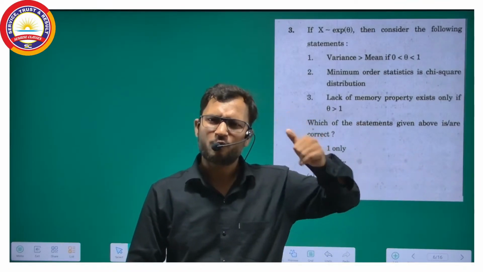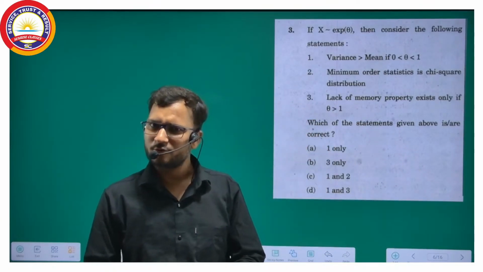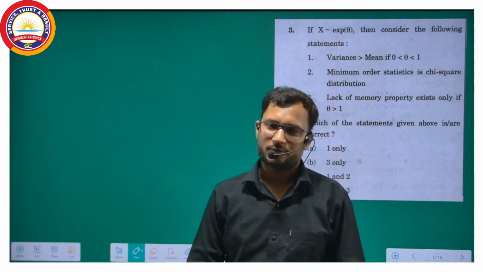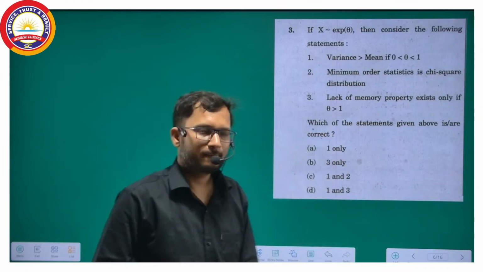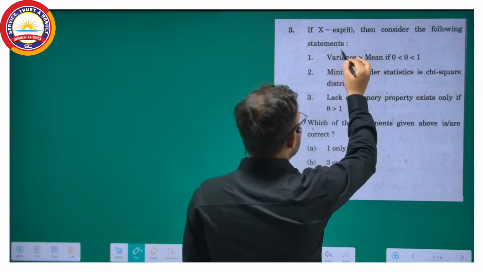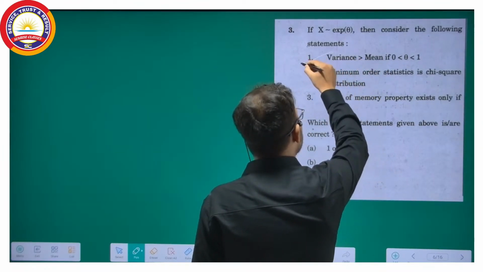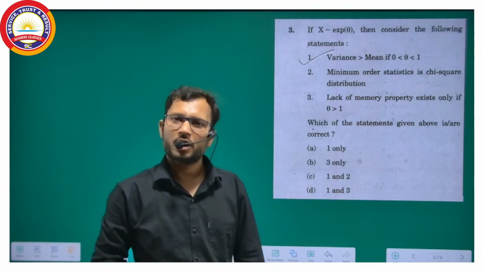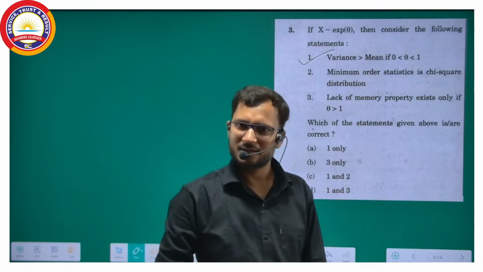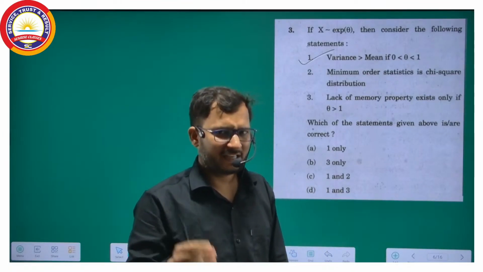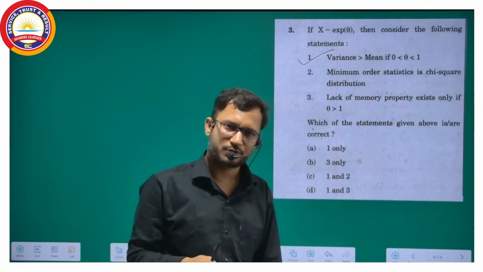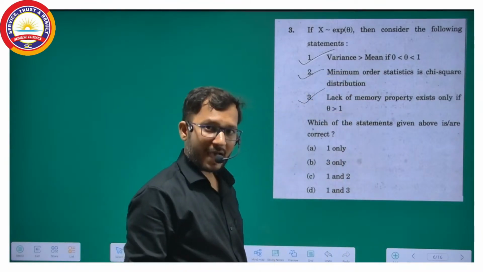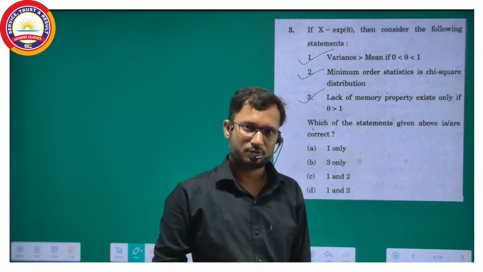How? The relationship between variance and mean, I already have taught in the class and given our students in their notes. These two also I had given the results about.